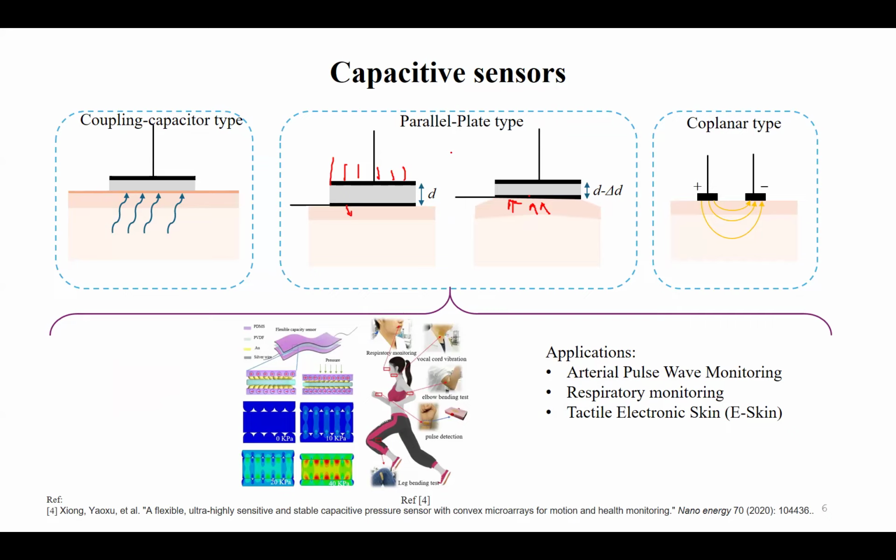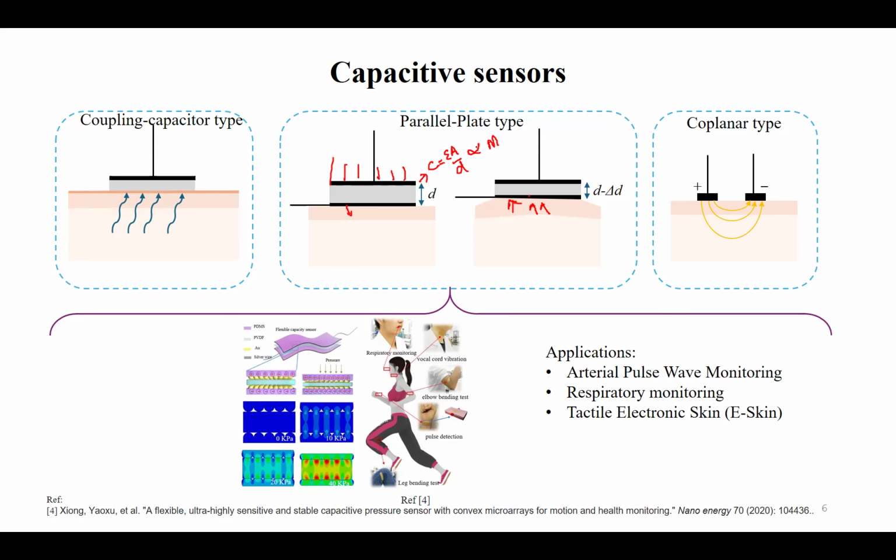So what happens between the two plates? I have a capacitance, right? Epsilon A by D. So whenever there is a movement between the two plates, there will be a corresponding change in this capacitance, right? So that we can directly make a function of or proportional to the measurand which needs to be measured, right? So that is the basic principle used in the parallel plate type.